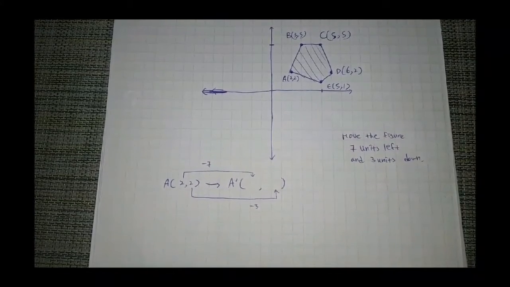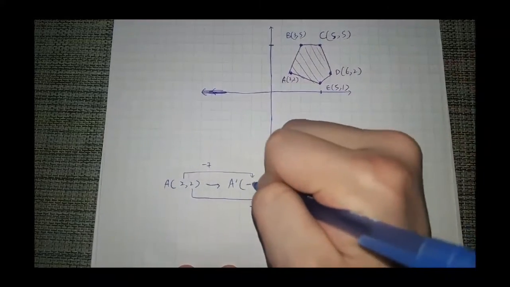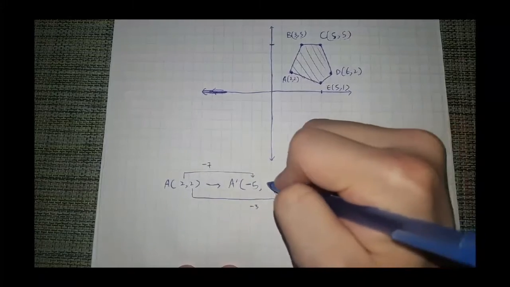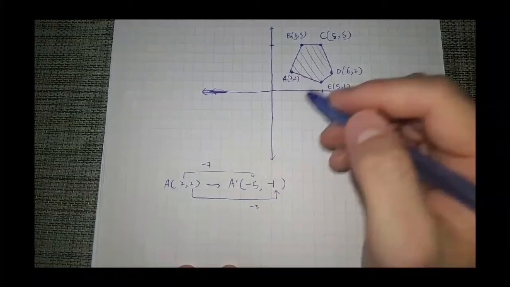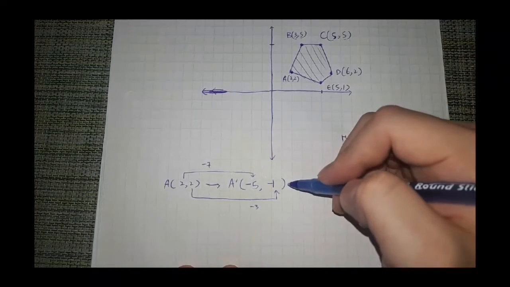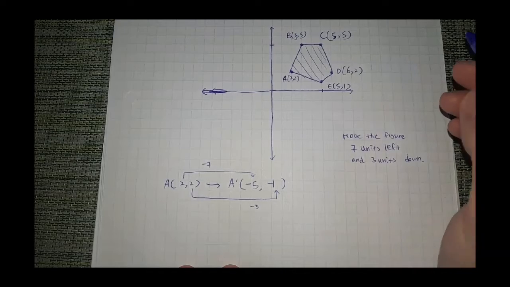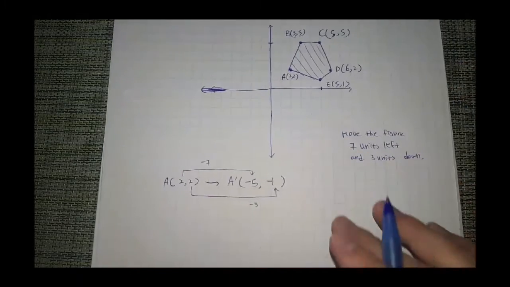So we can apply the operation: 2 minus 7 is minus 5, 2 minus 3 is minus 1. So even without using the bunny hop method, you can predict and put the new coordinates. Let's do the other parts too.